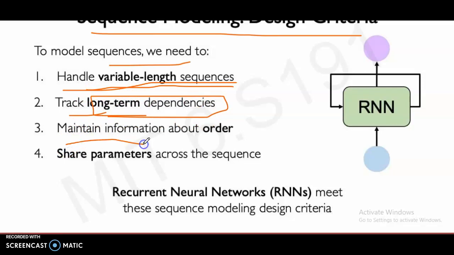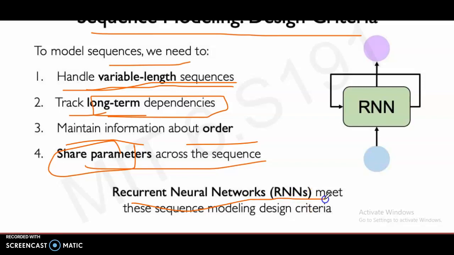Maintain information about order. Share parameters across the sequence. Recurrent neural networks, RNNs, meet the sequence modeling design criteria.